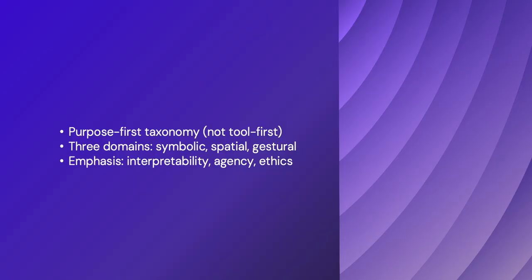First, symbolic systems that generate or abstract musical symbols and structures. Second, spatial systems that represent or predict how sound moves through space. Third, gestural systems that connect bodily movement captured by sensors or cameras to musical events or score states.